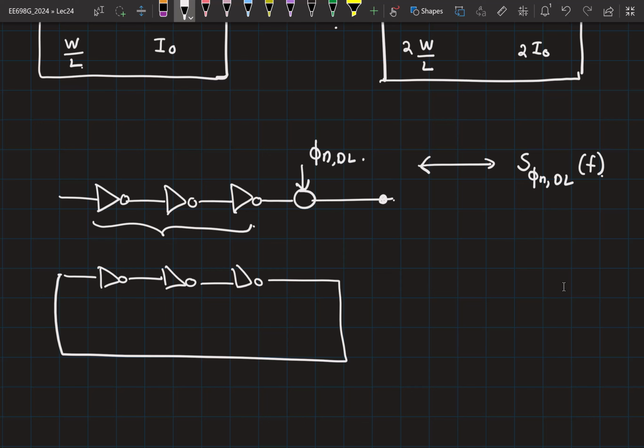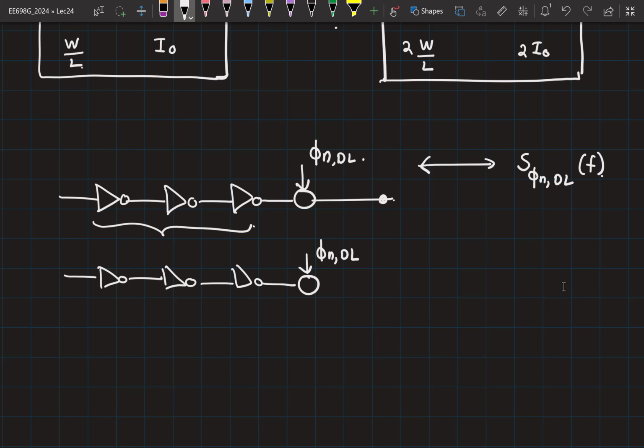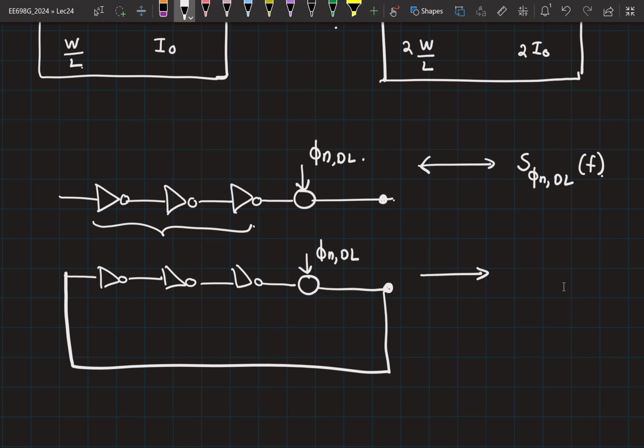Now I take the same delay line and I'm going to put it in a feedback loop. So I'll assume that the same phi n dl is present here, and then I add it to the feedback loop and I get some phase noise here. That will have a PSD given by S phi n of the oscillator. Will both of them be the same? No? Can you find out the relationship between both of them?